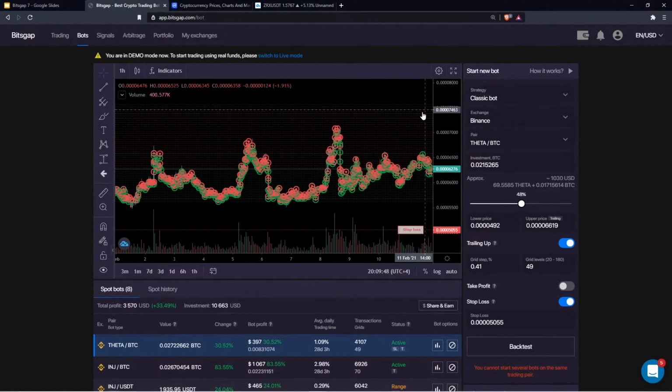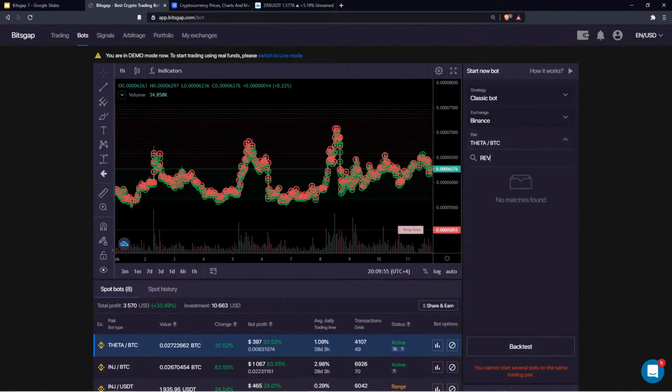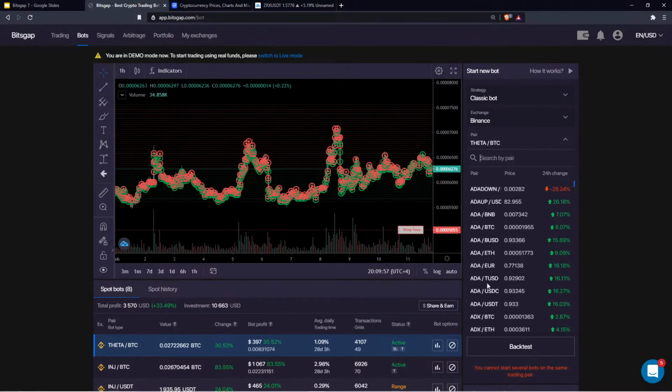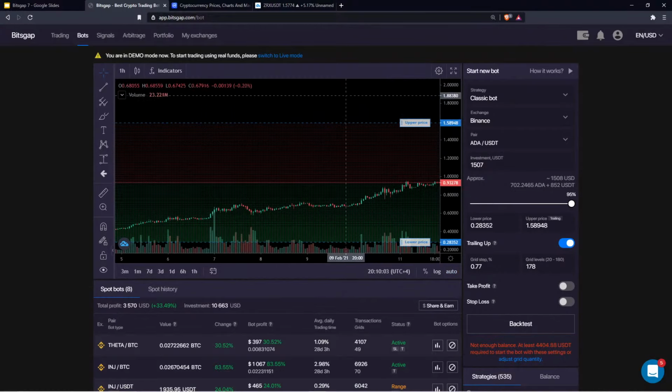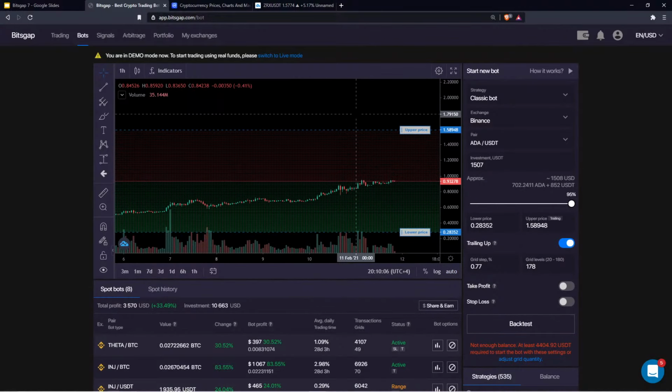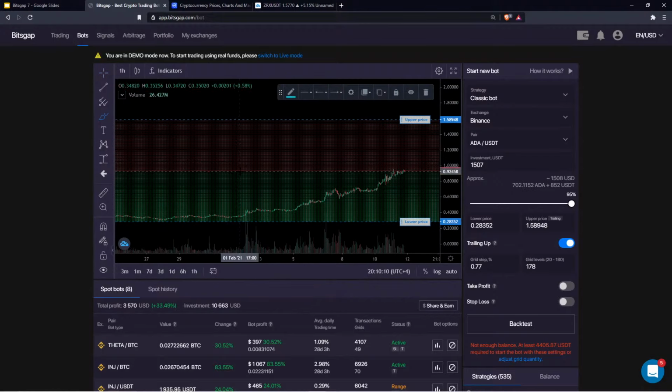So on the right side, first of all, once you choose the crypto you want to trade, let's say a random one, let it be Cardano trading to USDT, the system automatically assigns the trading range for you. So what you see here above, where you have the red lines, these are sell limit orders.